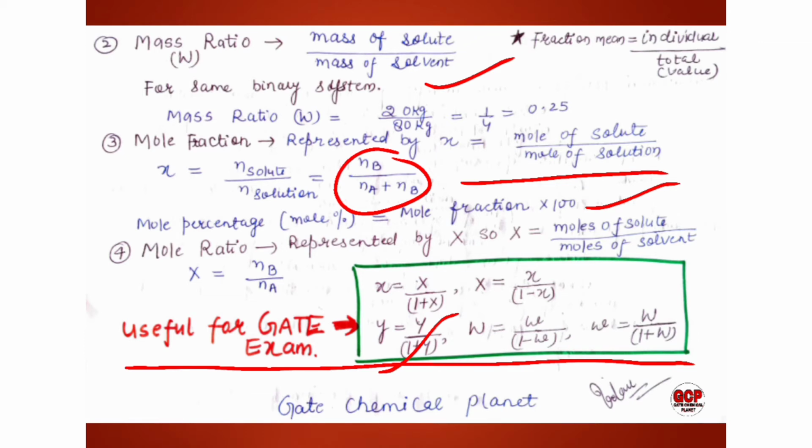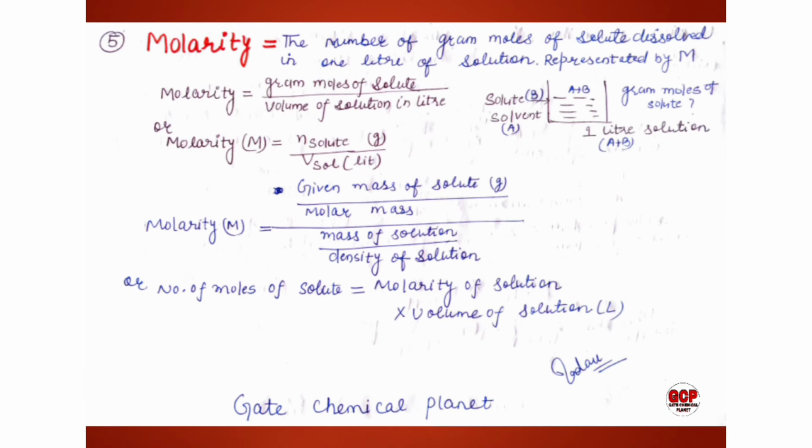So now we will cover molarity. What do you mean by molarity? Molarity is the number of gram moles of solute dissolved in 1 liter of solution, and it is represented by capital M. So here we are considering 1 liter of solution.